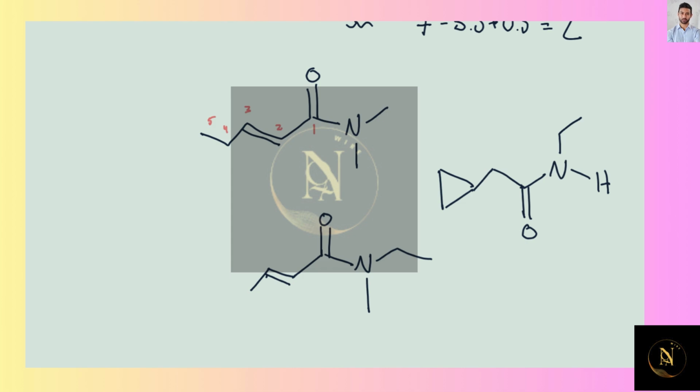The root name of this is going to be a pent-N amide, because we have a double bond, and the double bond is on 2, so a pent-2-enamide. Okay, that's the root name. And that comes from 1, 2, 3, 4, 5, and the fact that it's an amide with a double bond on carbon 2.